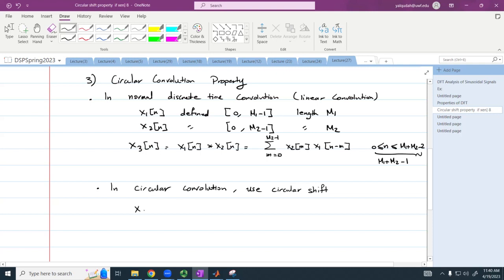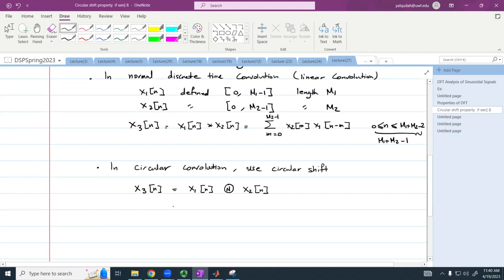And therefore, if I want to calculate x of n equal to x1 of n circularly convolved with x2 of n, this is going to equal the summation from 0 to N minus 1 of x1 of m, x2 of n minus m mod N.